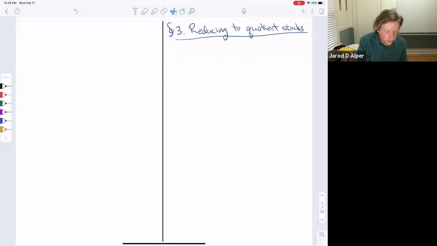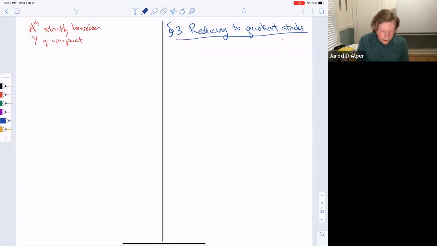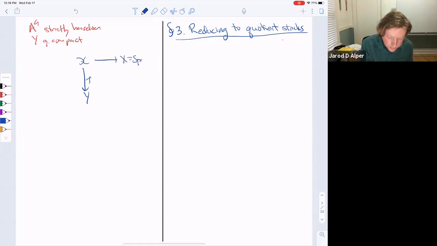So where are we here? Okay. So we have these reductions that X is strictly Henselian, and we know that Y is quasi-compact. And we're in the setup that we have X, we're given some map to Y, and we want to construct a map like this.